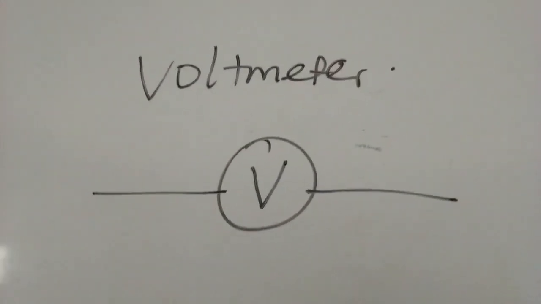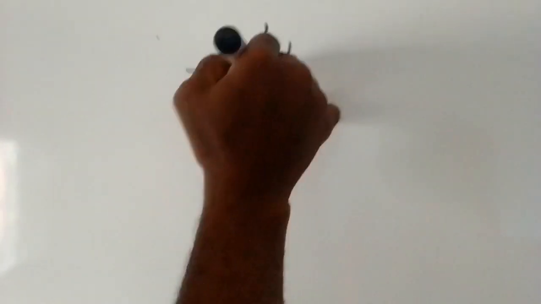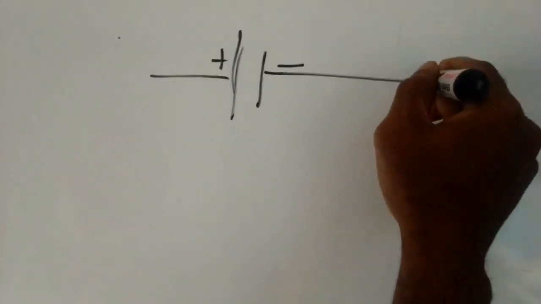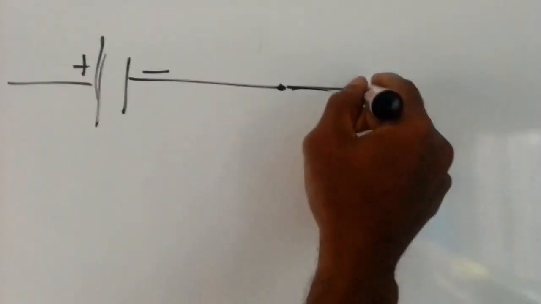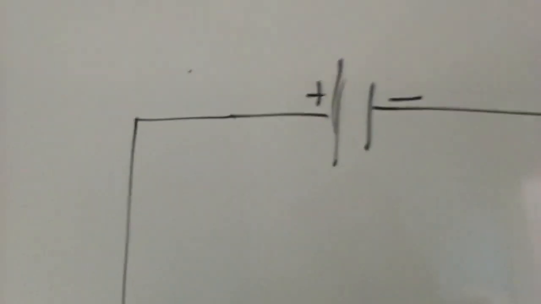For instance, we come across a diagram of this nature as we study electricity. This is the key, closed, current is coming out. This is the ammeter, and then the resistor, and then we have the circuit closed.